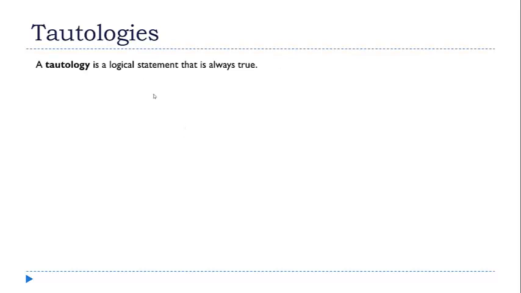An example of that would be something like, let's say, I am wet, or I am not wet. And you can see, just applying the rules of English here, that clearly that statement is always going to be true because one of those statements will always be true. Either you are or you aren't.